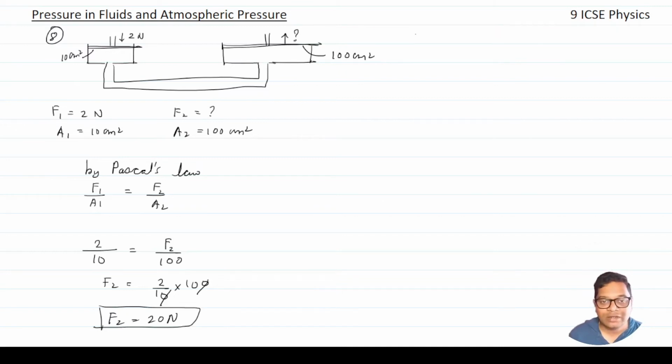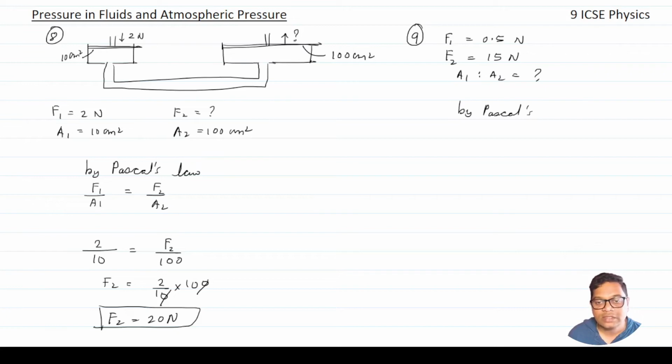The next question is similar to this, so we'll do that now. Question number 9. They have given the force experienced on the smaller piston to be 0.5 Newton, and on the bigger piston 15 Newton. They are asking us to find the ratio of the areas. Again, by Pascal's law, F1 upon A1 equals F2 upon A2. So F1 upon F2 is A1 upon A2.